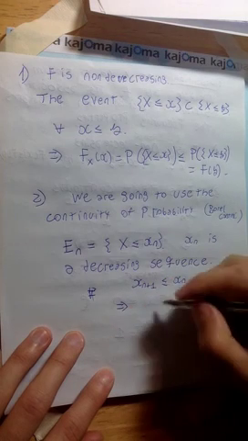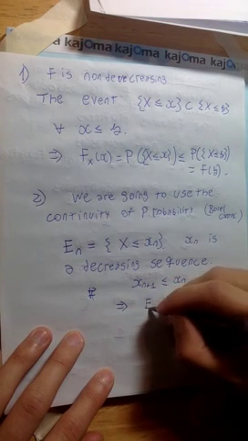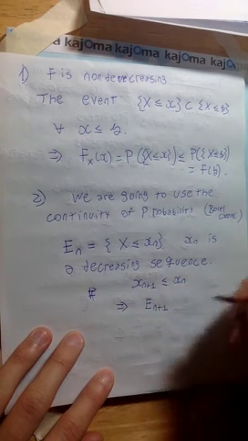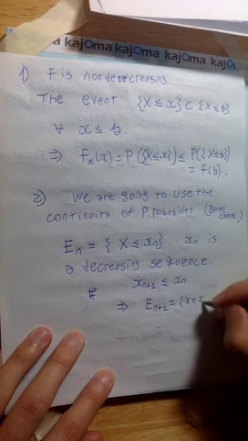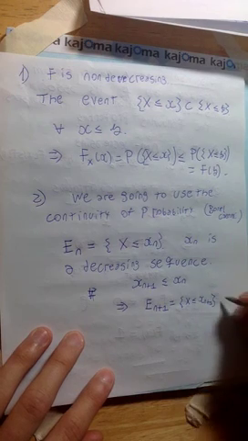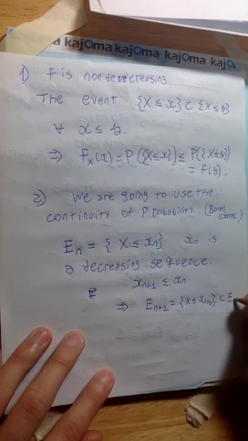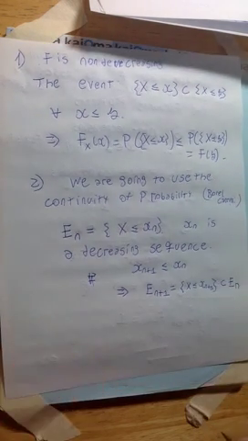This implies that En plus 1, which is the set of X less or equal than xn plus 1, is contained in the set En.